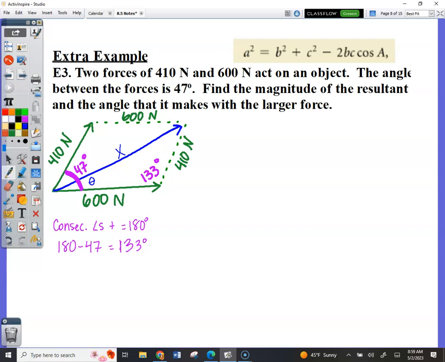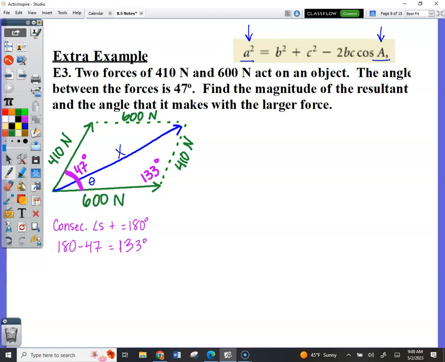But look at the formula for finding a missing side. The side you're trying to find is flanked by the other two sides. The other two sides squared, added together, minus those same two sides multiplied by 2, and then notice that this is cosine A. So you have to know the angle that is opposite of the side you're trying to find.